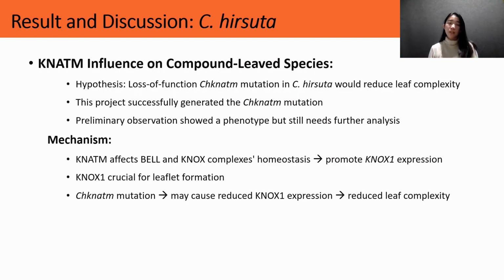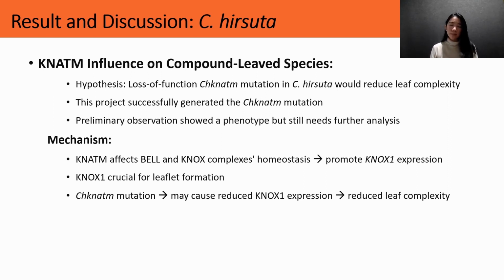So for NATM influence in compound leaf species, the hypothesis is loss of function of CH-NATM will cause reduced leaf complexity. And this project successfully generated the CH-NATM mutation, and preliminary observation showed a phenotype, but it still needs further analysis to confirm whether the phenotype is caused by NATM mutation or not.